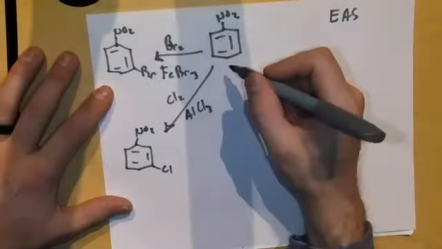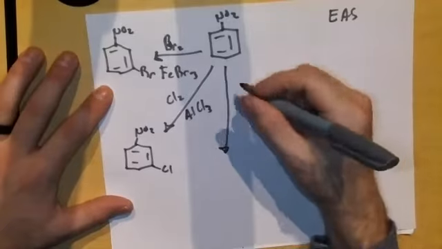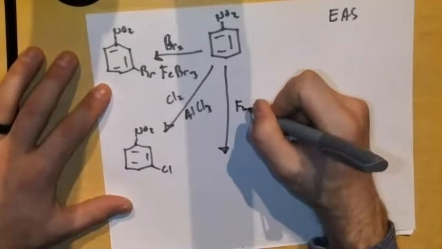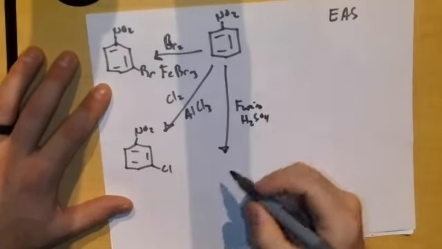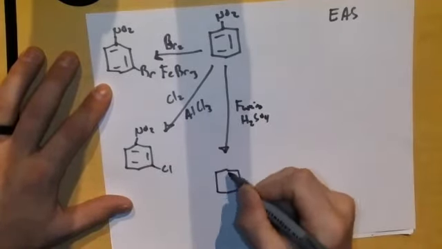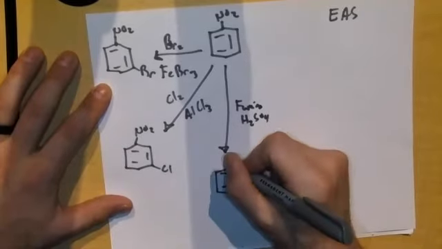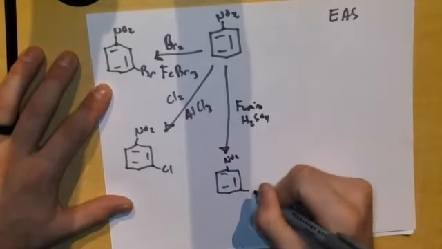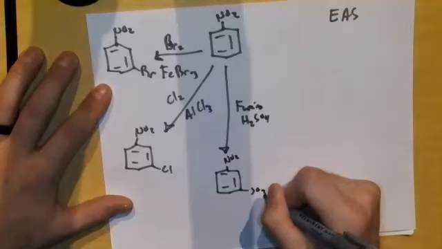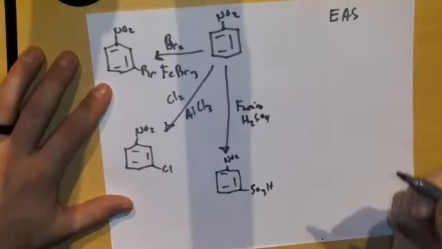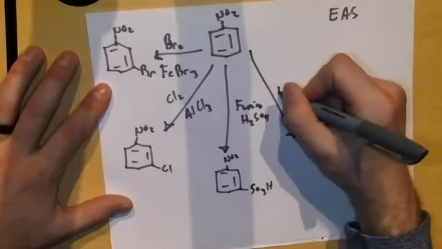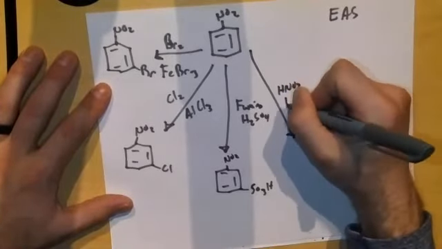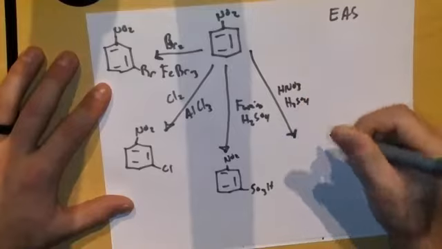We can sulfonate with fuming H2SO4. We can nitrate with HNO3, H2SO4.